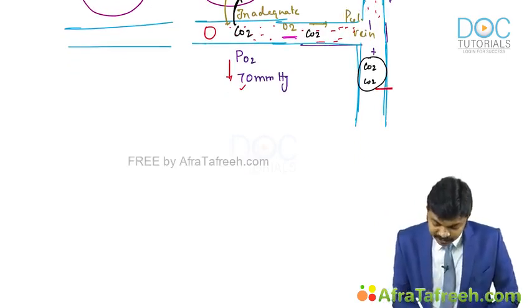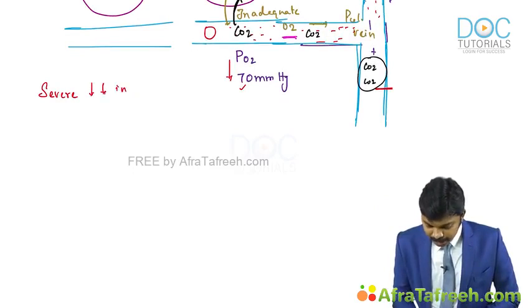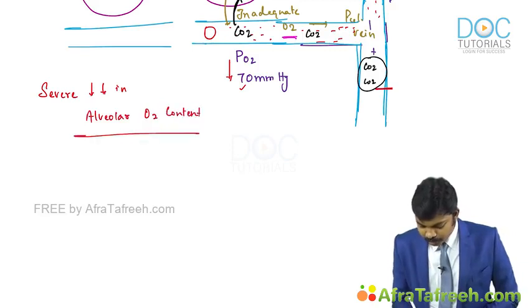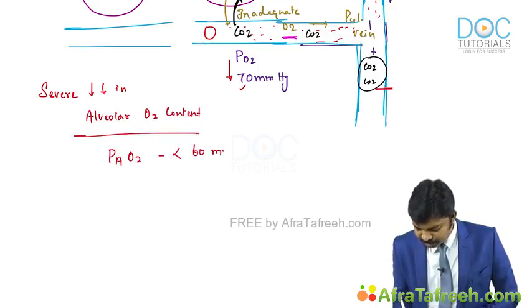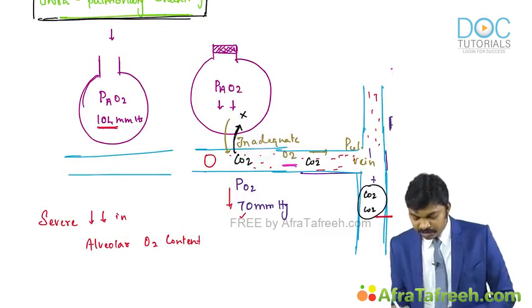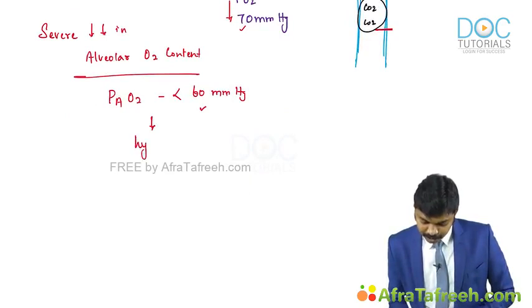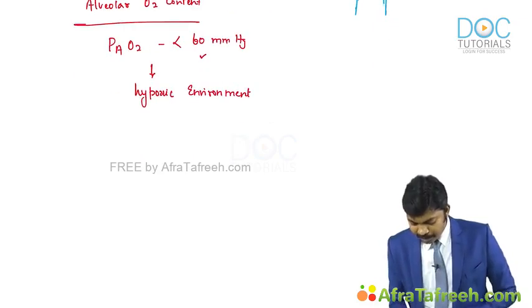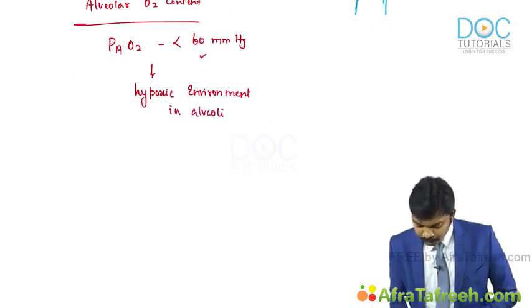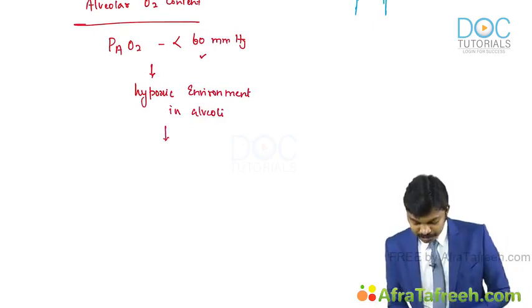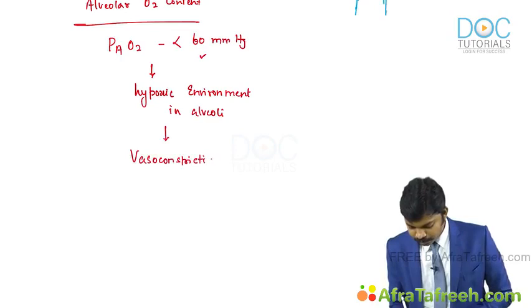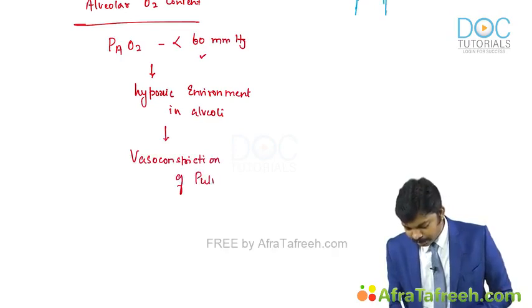But when there is a severe reduction in alveolar oxygen content, to the point of alveolar oxygen being less than 60 millimeters of mercury, instead of 104, this is nothing but a hypoxic environment, and this hypoxic environment in alveoli produces a reflex vasoconstriction. Vasoconstriction of pulmonary capillaries.